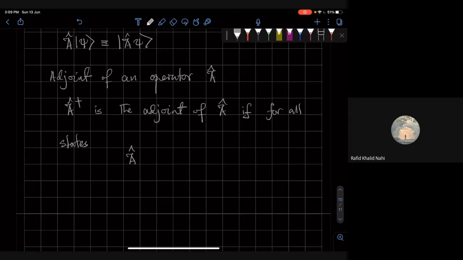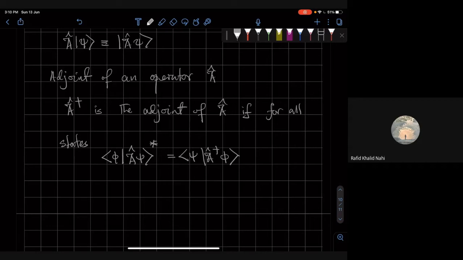A acting on psi is some state, and suppose I take the inner product of that with phi, and I take the complex conjugation of that. Then that will be given by the adjoint A dagger acting on phi, taken the inner product with the bra psi.